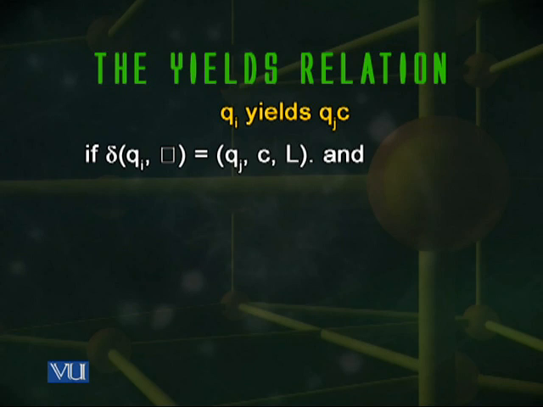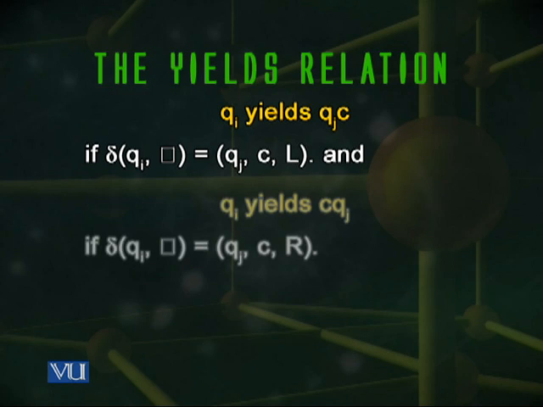So qi in this case will yield qjc. On the other hand, if delta of qi comma blank is qj comma c comma r, then the machine can actually move to the right. So qi would yield cqj. This completely specifies the yields relation.